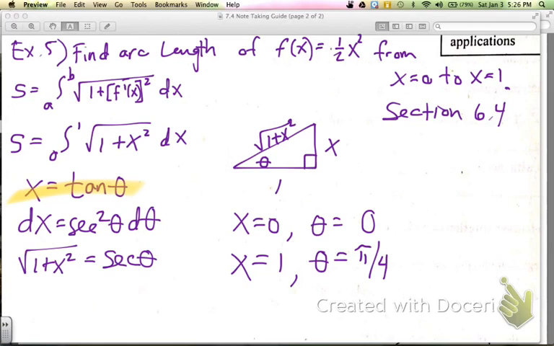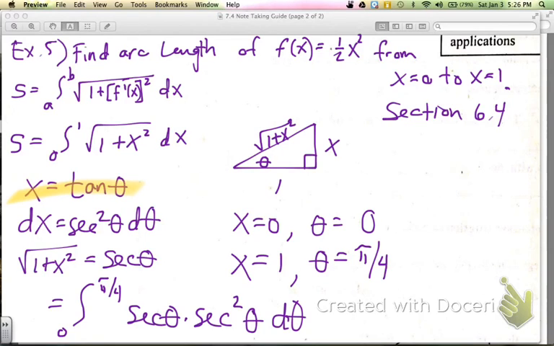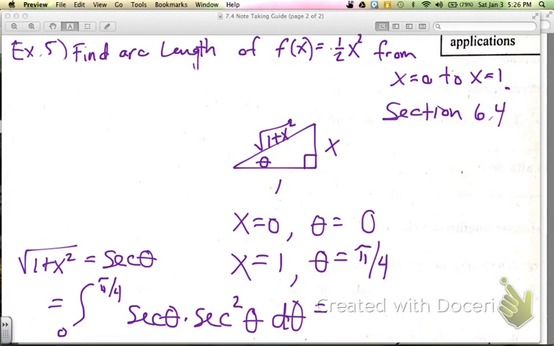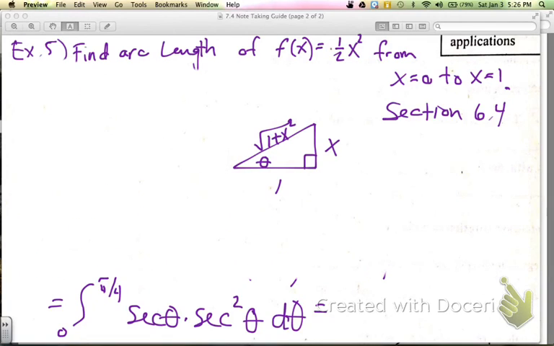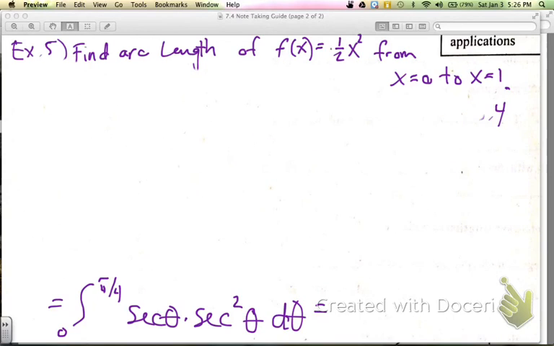So if I plug in everything, I get the integral from 0 to pi over 4 of secant theta times secant squared theta d theta, which, if I erase some of this stuff up here, becomes the integral from 0 to pi over 4 of secant cubed theta d theta.